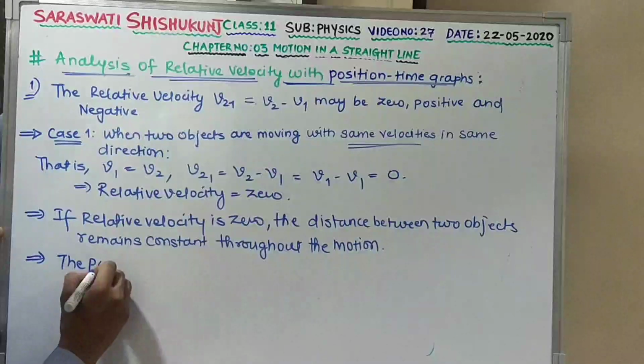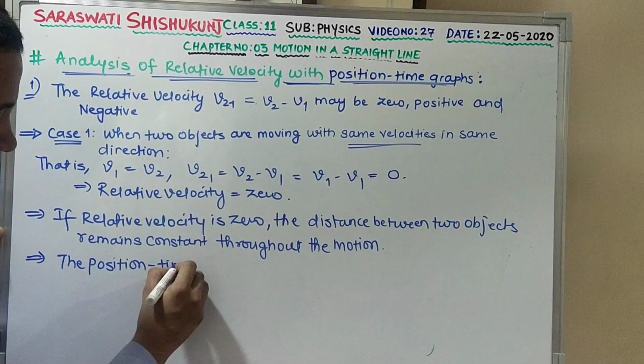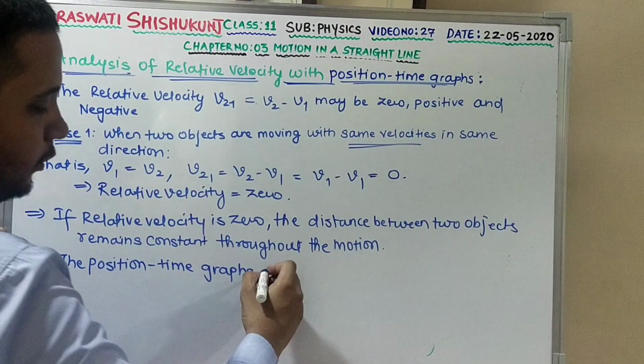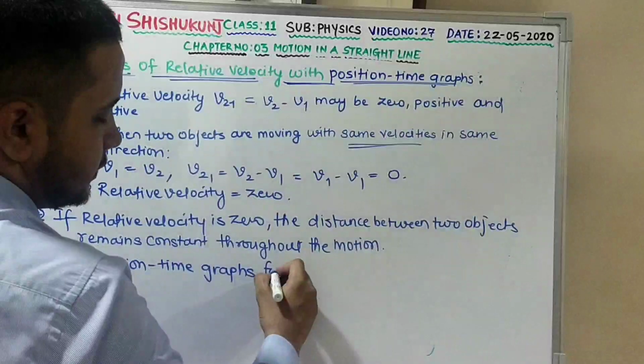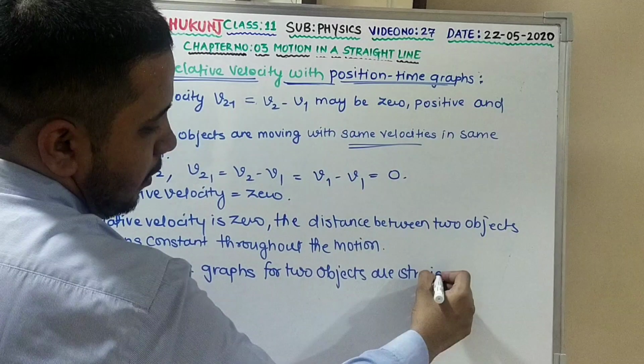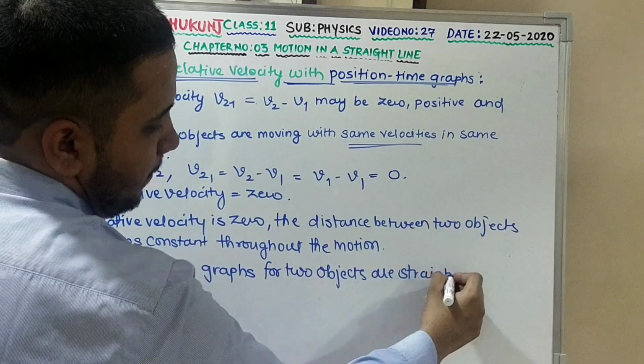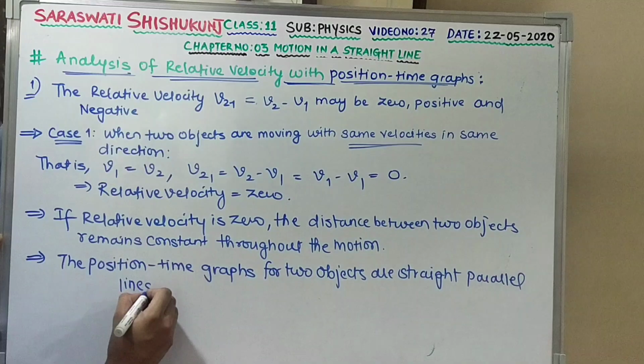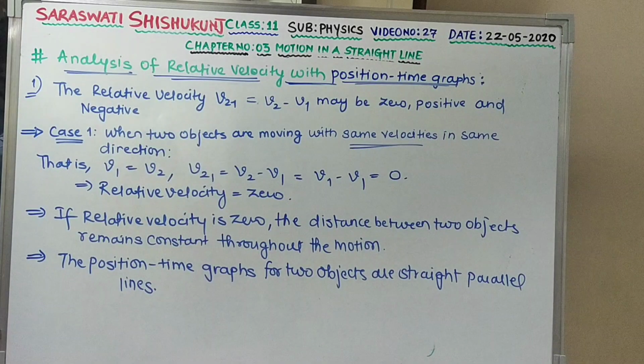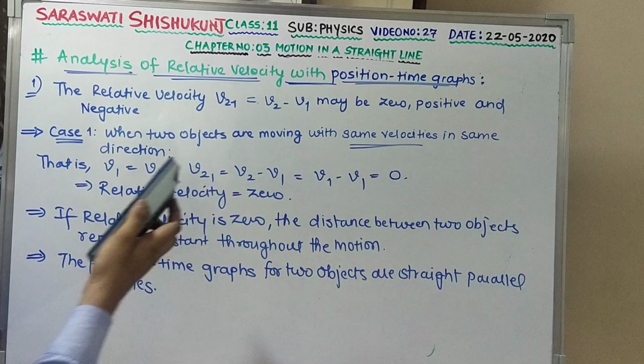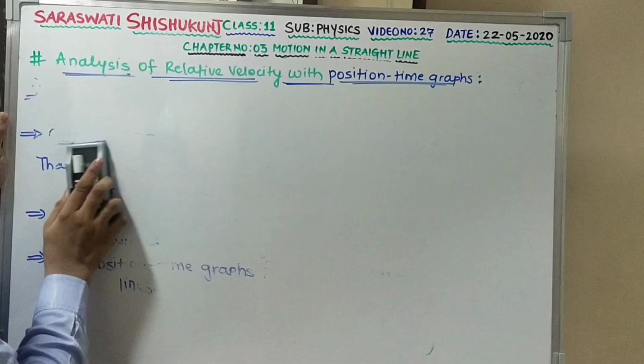Second, the position time graphs for the two objects are straight parallel lines. These are the two important points of case 1, when two objects are moving with the same velocities in the same direction. Hope this is clear. Fine. Now next we are going to see what happens if the velocity is 0.